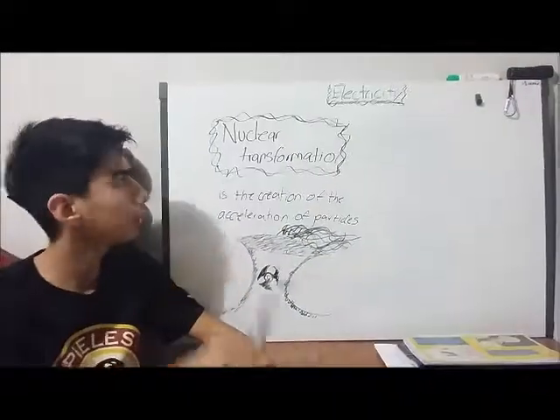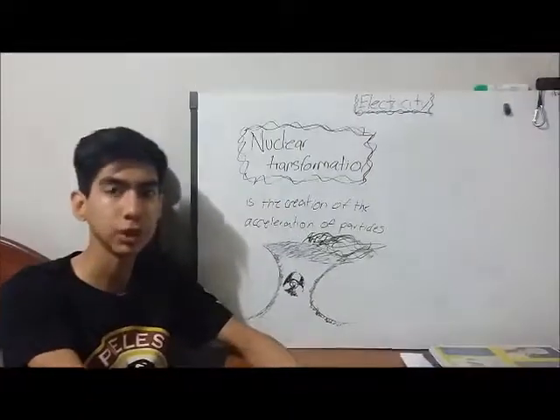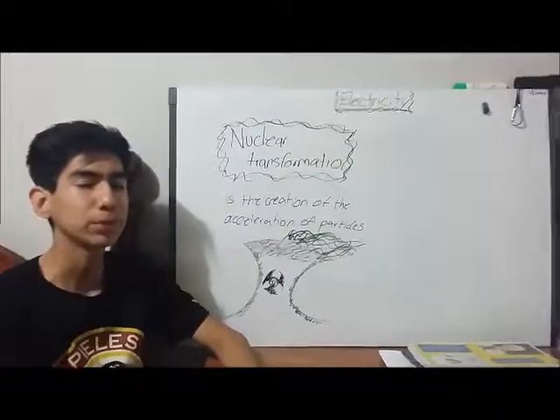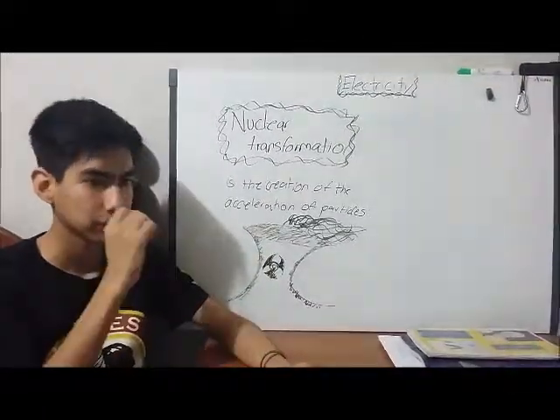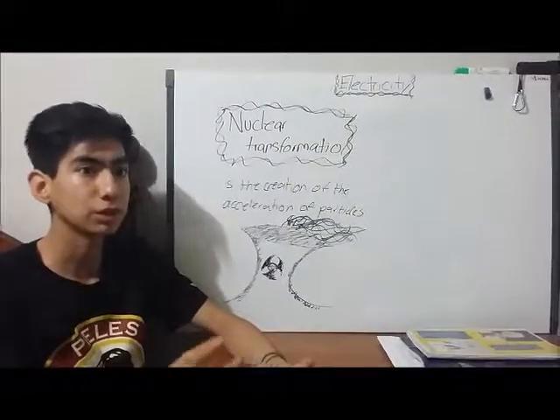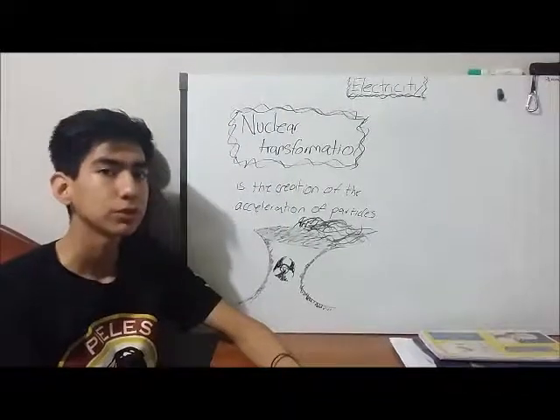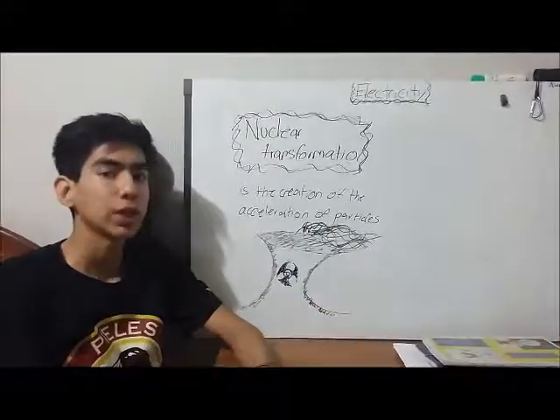The last fundamental way that we can change to electrical energy is nuclear transformation, the creation of acceleration of the particles. The scientists use radioactive material to make electricity. A good example is the nuclear reactor.